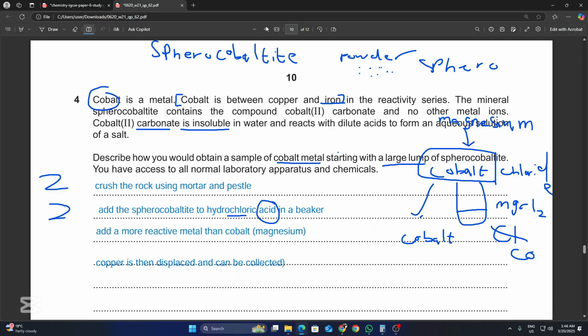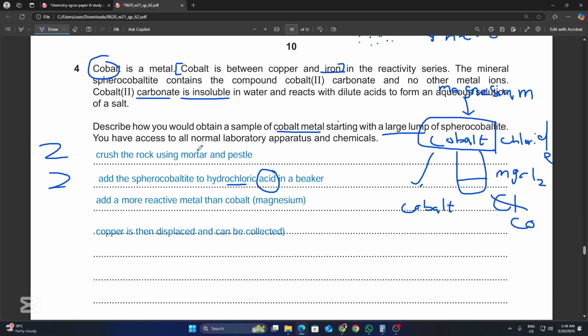Four very easy, very short points to describe how we will collect. Again, first of all, any ore or any big rock, we need to crush it. We crush it using a mortar and pestle. So that's 2 marks.